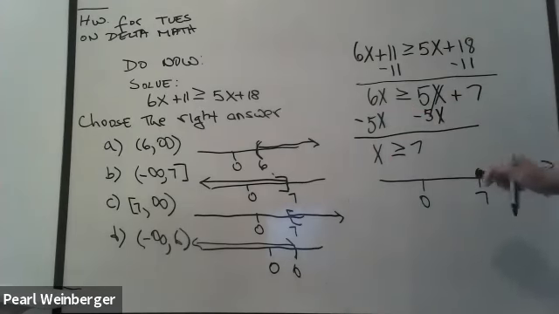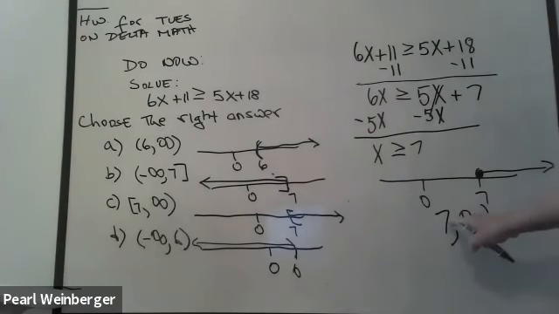Of course, if we wanted to write this in interval notation, our interval always starts on the left side. The first left-hand number we see is the 7. It's going all the way to the right, which means it's going to infinity. And at the infinity part, we always have to put a parenthesis.